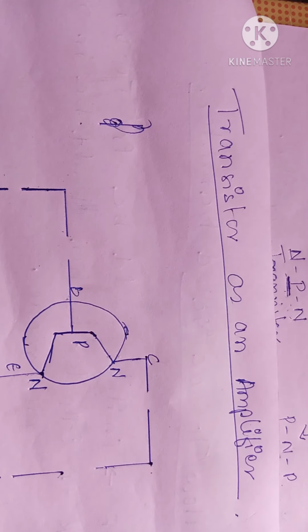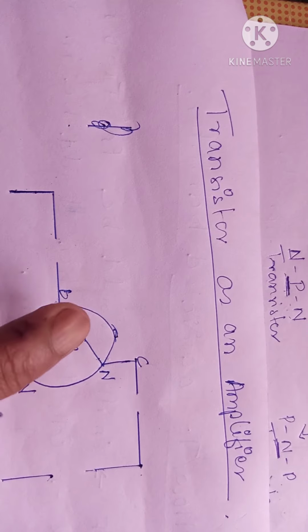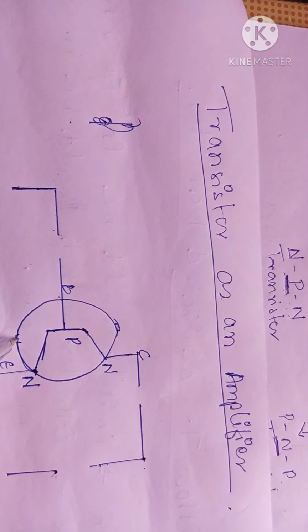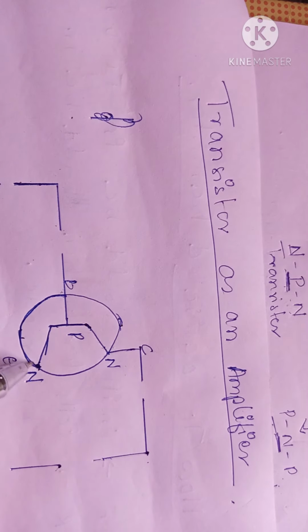So the emitter junction should be in forward bias, and the collector junction should be in reverse bias. This is the base-collector junction.